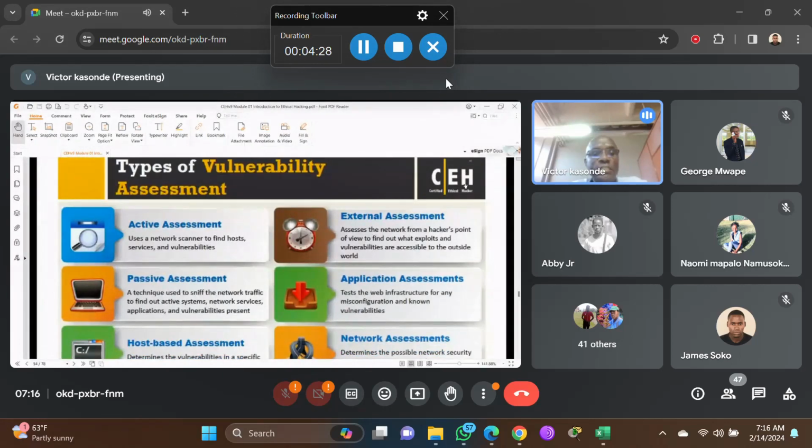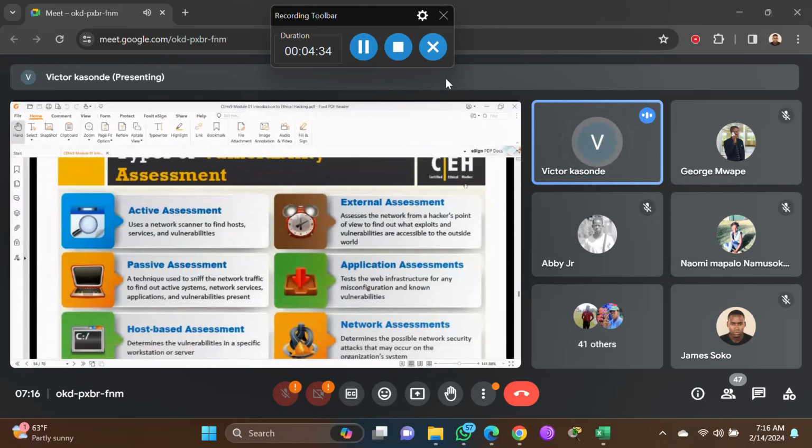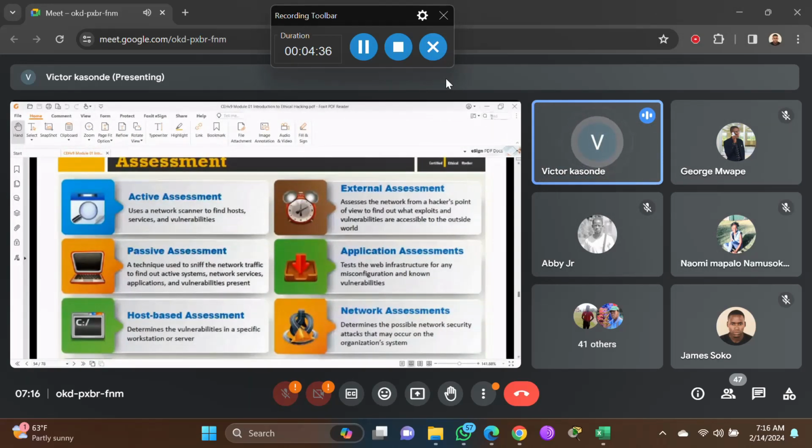Users use a network scanner to find hosts, services and vulnerabilities. Here we are looking at the network. This is active assessment, so you scan your network and see where the vulnerability is.